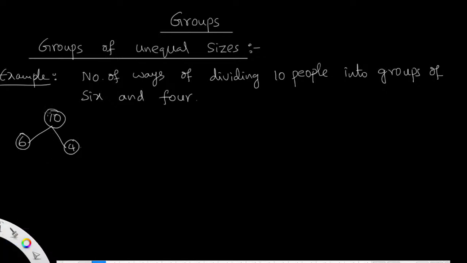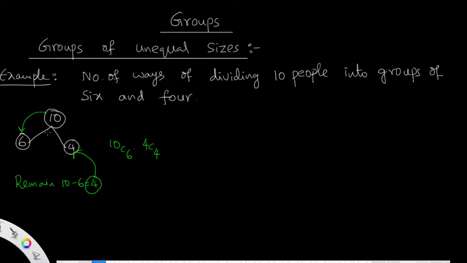Out of 10 people, selecting one group can be done in 10C6 ways. That is the first group. Then the remaining people are 10 minus 6, that is 4 people. Selecting the other group from these 4 people can be done in 4C4 ways.